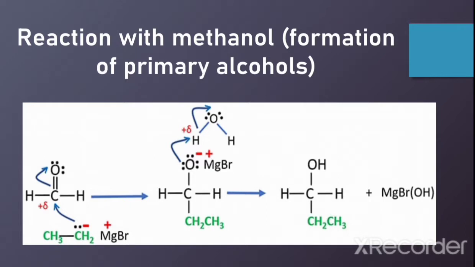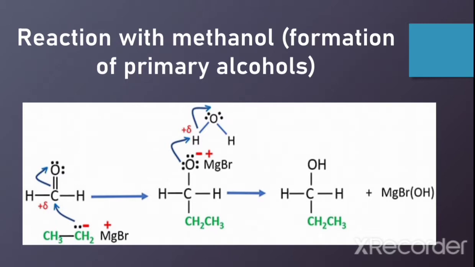From the Grignard reagent, the alkyl group will attach to the carbon that has a double bond with oxygen, and the oxygen double bond breaks, and it will have a partial negative charge, and the magnesium bromide will temporarily attach to the oxygen, because magnesium bromide has a partial positive charge.